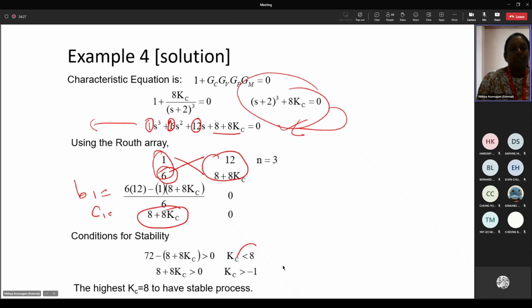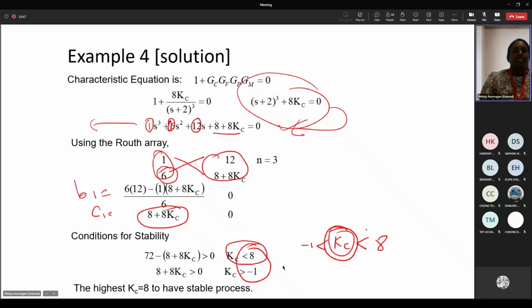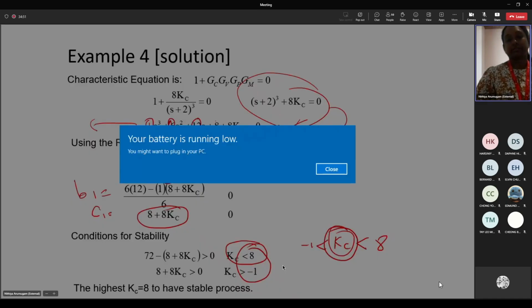So it falls within negative 1 and 8. If you notice, Kc must be less than 8. So the highest or the maximum value it can reach is 8. So we can say the process is stable.